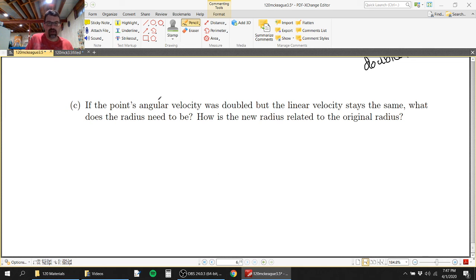All right, how about you're riding on the carousel, your angular velocity doubles, so all of a sudden the carousel starts rotating twice as fast. But you want the distance you're covering to stay the same. Well, do you move further away from the center? Do you move closer to the center? What do you do?